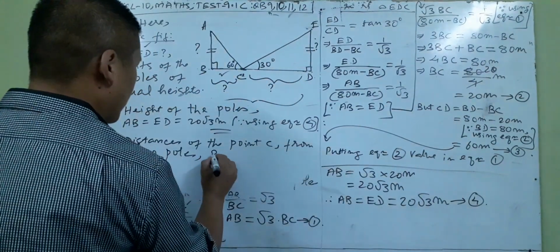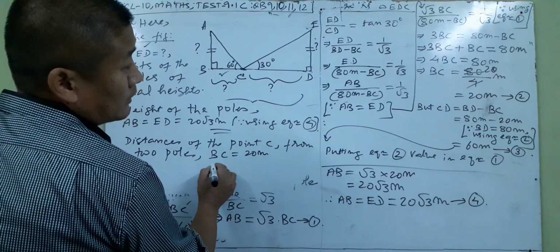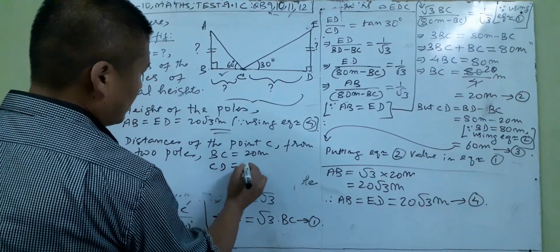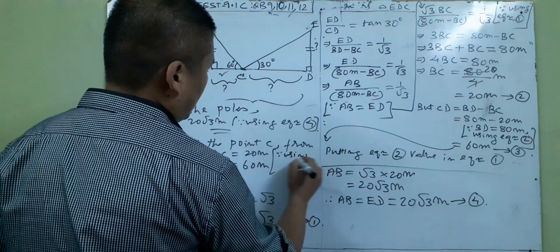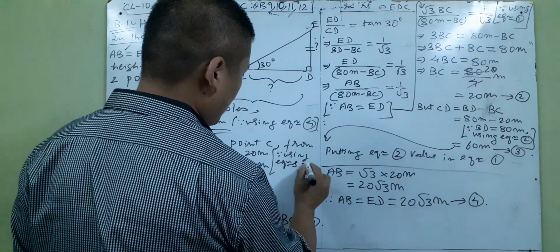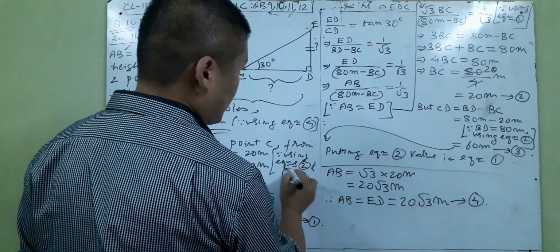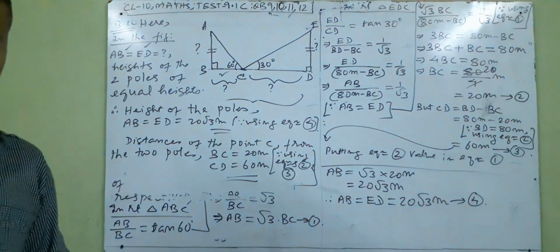So you just write BC equal to 20 meter, and CD equal to 60 meter. This one you get by using equations number 2 and 3. So your final answer, all the values are there now. Okay, so that is done.